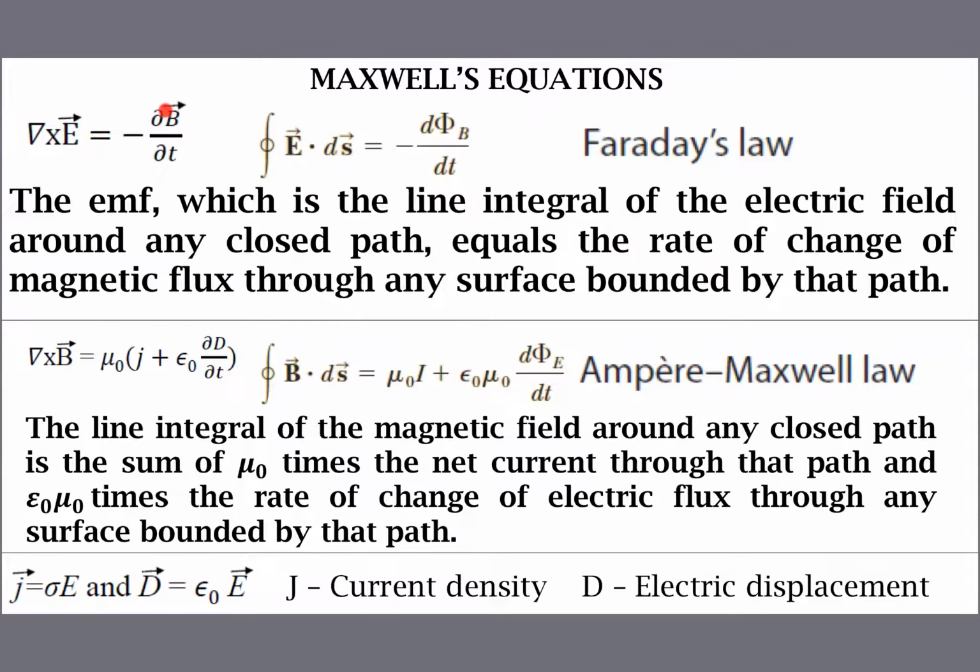The rate of change of magnetic flux. This is dB dt. That is dB dt. The dB dt is actually a rate of change of magnetic field.